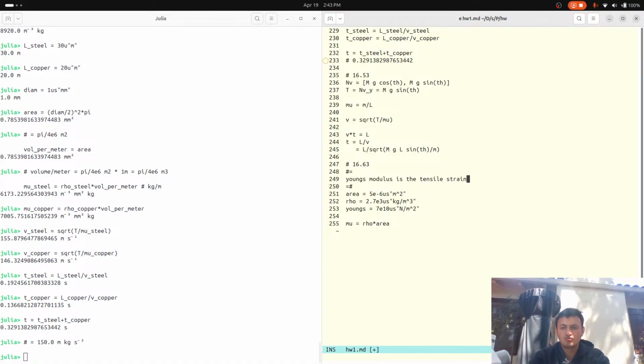tensile stress divided by the tensile strain. Stress is the force per area applied. Strain is the ratio delta L over Li.